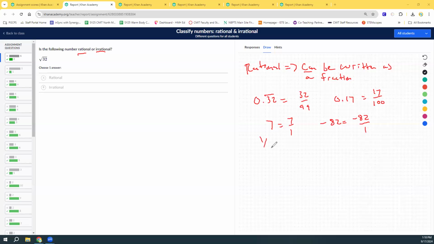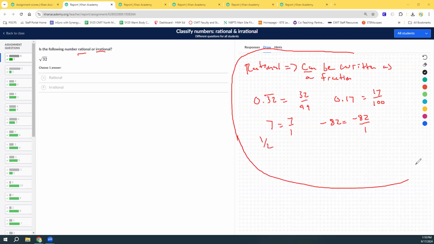So like 1/2, so this big circle of things are rational numbers. I'm also going to include the square root of 64 because that is the number 8, which is 8 over 1, a fraction, a rational number. So lots of different types of numbers that are in the rational category.